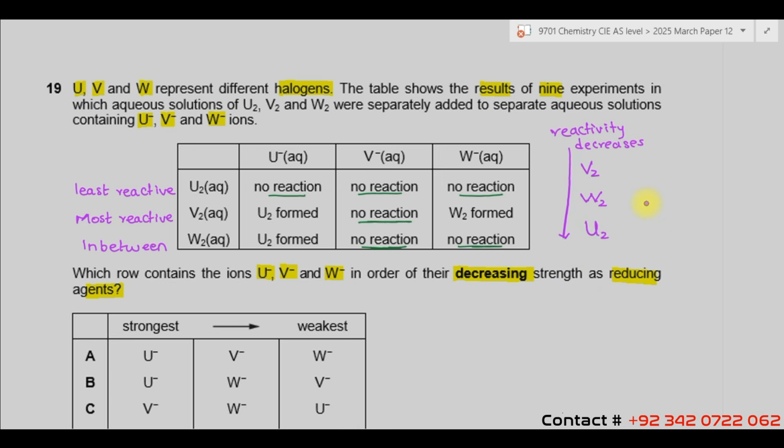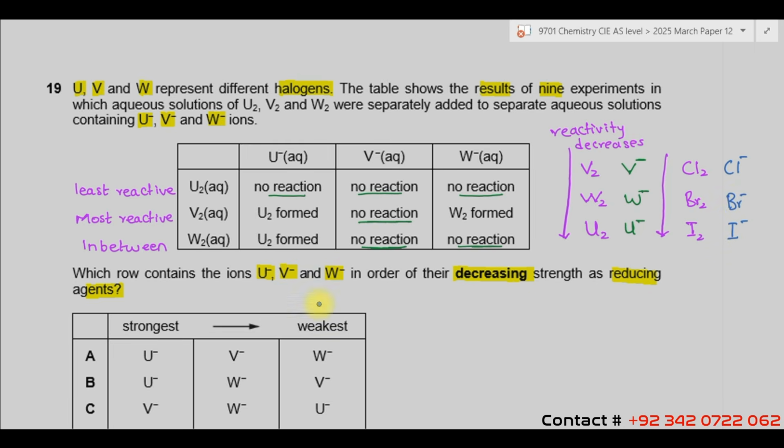Okay, so for negative ions we can write V-, W-, and U-. If we look at their comparison, from group 7 we can take real ones. Let's suppose we have chlorine, which is more reactive than bromine, which is more reactive than iodine, and their negative counterparts will be Cl-, Br-, and I-.